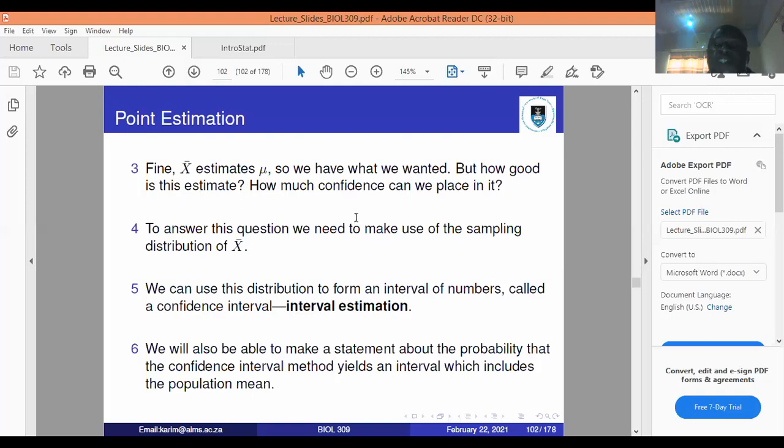To answer this question, we need to use the sampling distribution of X bar. So we need to create a range of values, a lower value and an upper value, using the mean.